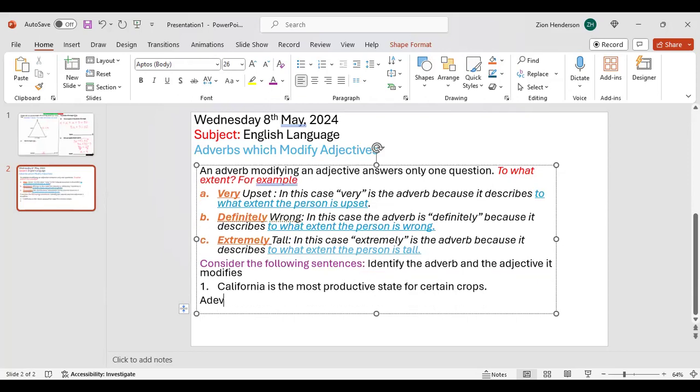So what is the adverb in this sentence? Most. Most is the adverb. What is the adjective? Productive. Very good.